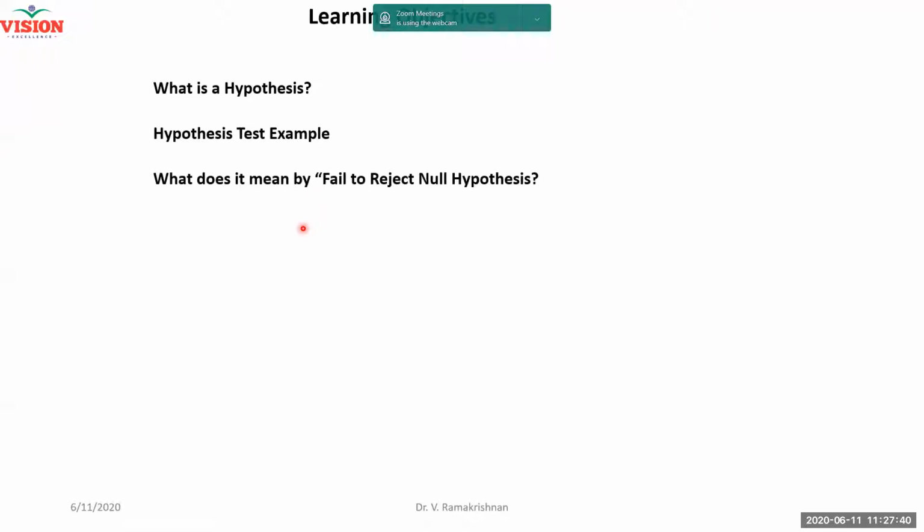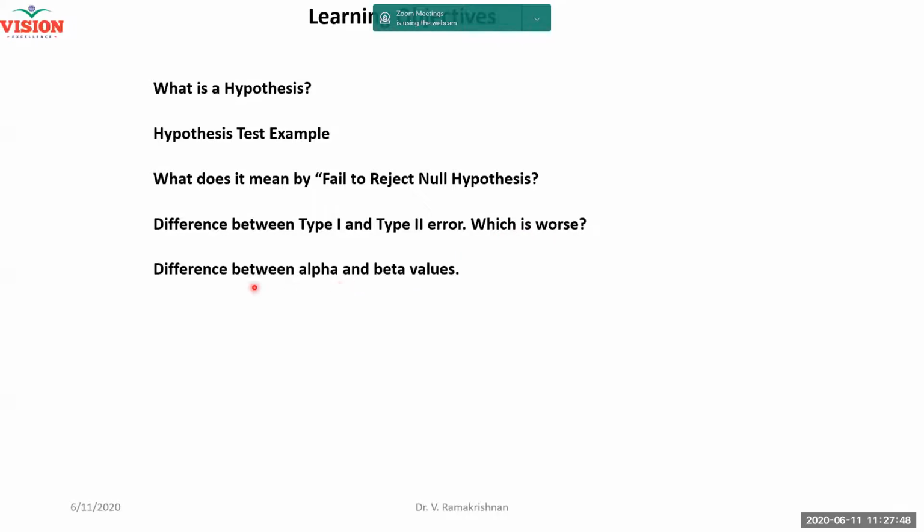Now, hypothesis introduction is already over. Now I'm going to teach you what is hypothesis, a hypothesis test example, and what it means to fail to reject a null hypothesis. The difference between type 1 and type 2 error he has already explained, but which is worse, I'm going to tell you.